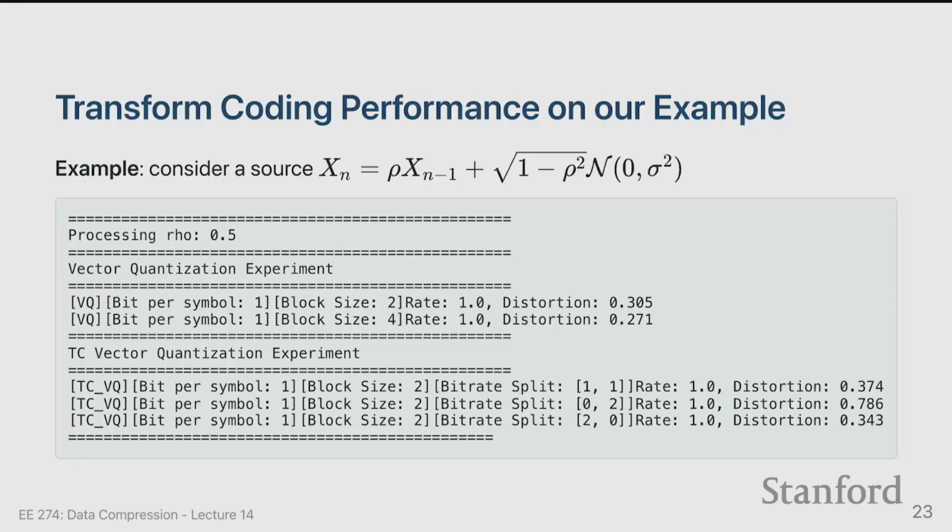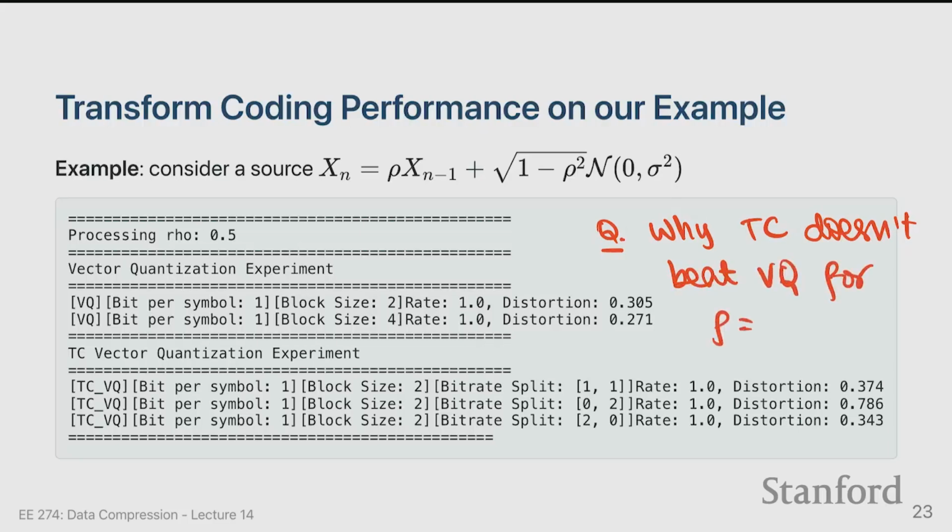And I'll give you a hint. So the question really is, why transform coding doesn't beat VQ for rho equals 0.5.